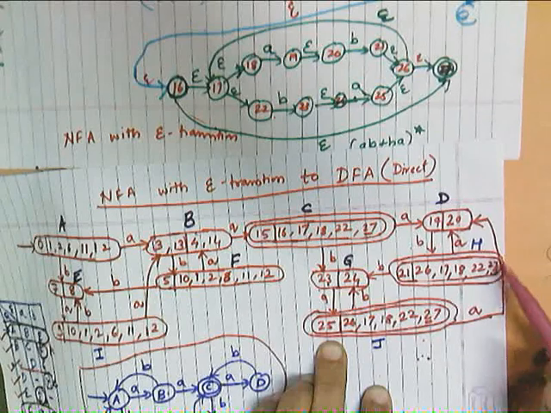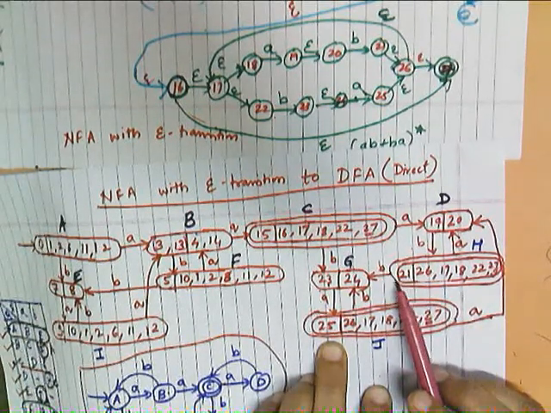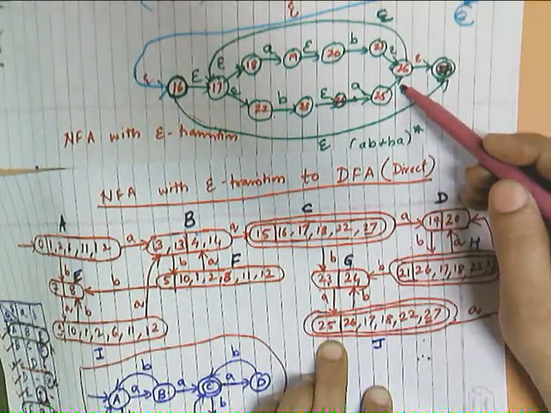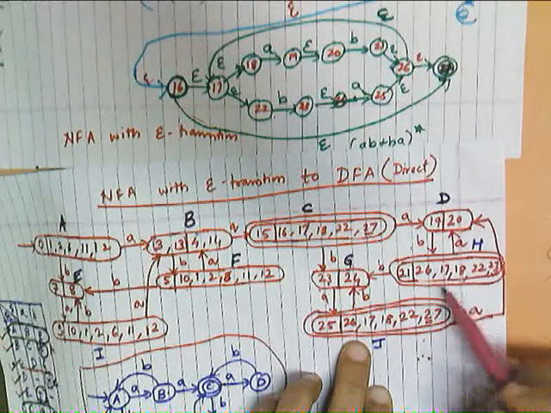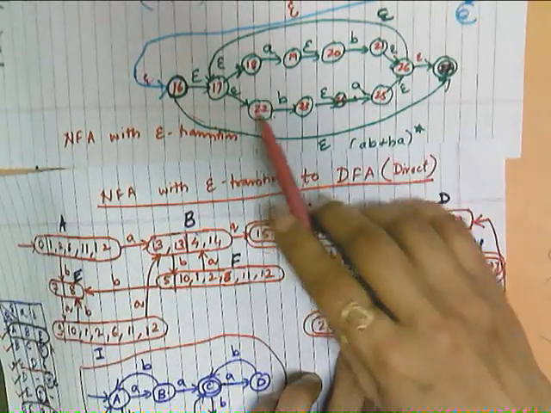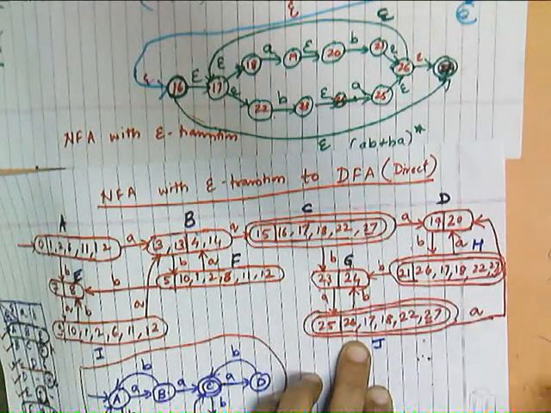Since 27 is involved, we have to make this a final state. Next, this state 25 epsilon closure, again it is moving to 26, so it will be the same: 17, 18, 22 and 27. Okay, so this will also be a final state.